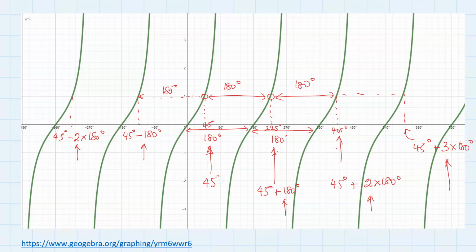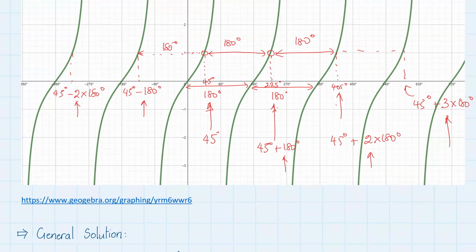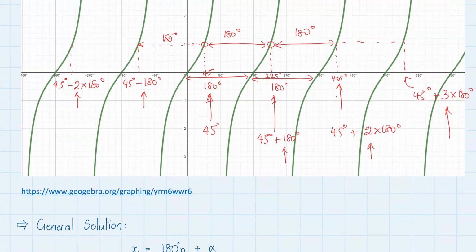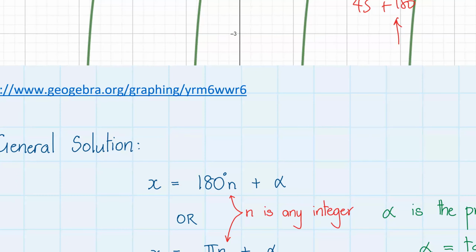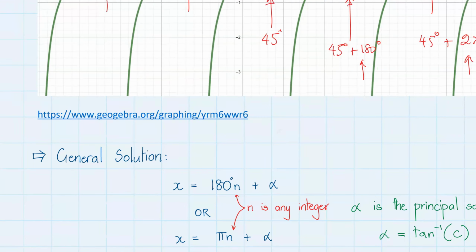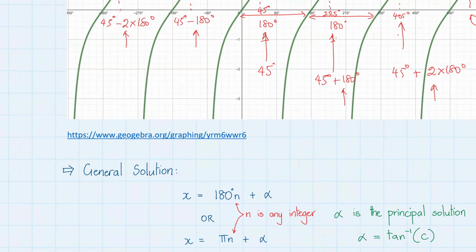In fact, we know how to work out a formula for that. We can say that the general solution is going to be this thing: 180 degrees times n, where n is an integer. Minus 2 there, minus 1 there, this one here is 0, this one is 1, and this one is 2.